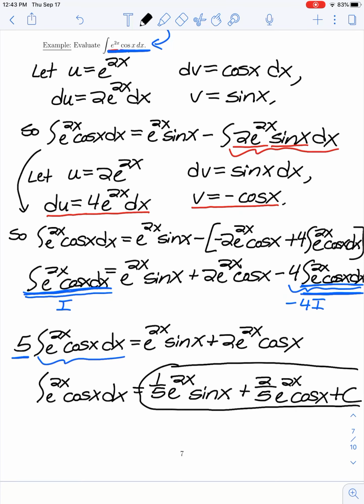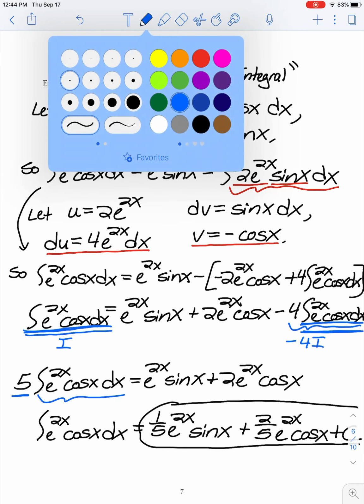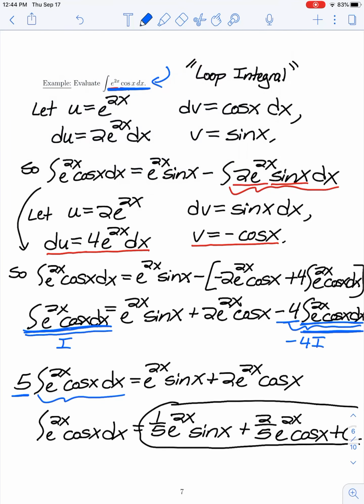So this is the idea behind a so-called loop integral. After we apply integration by parts a few times, in this case twice, we get back the same integral that we started with. However, it was being multiplied by some constant out in front.